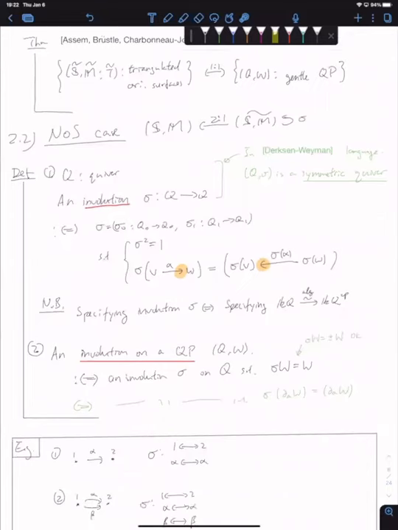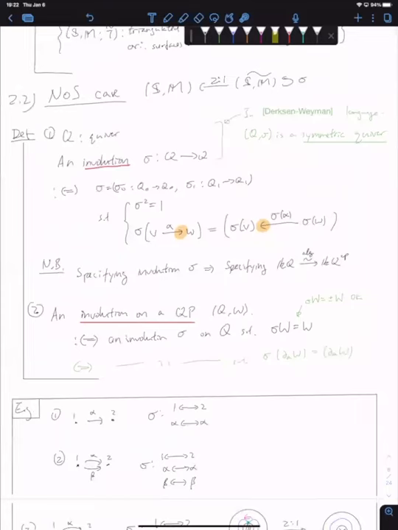If you want to think more algebraically rather than combinatorially, then specifying such a thing is kind of equivalent, not really, but kind of the same as saying I have an isomorphism between the path algebra and the opposite of the path algebra.